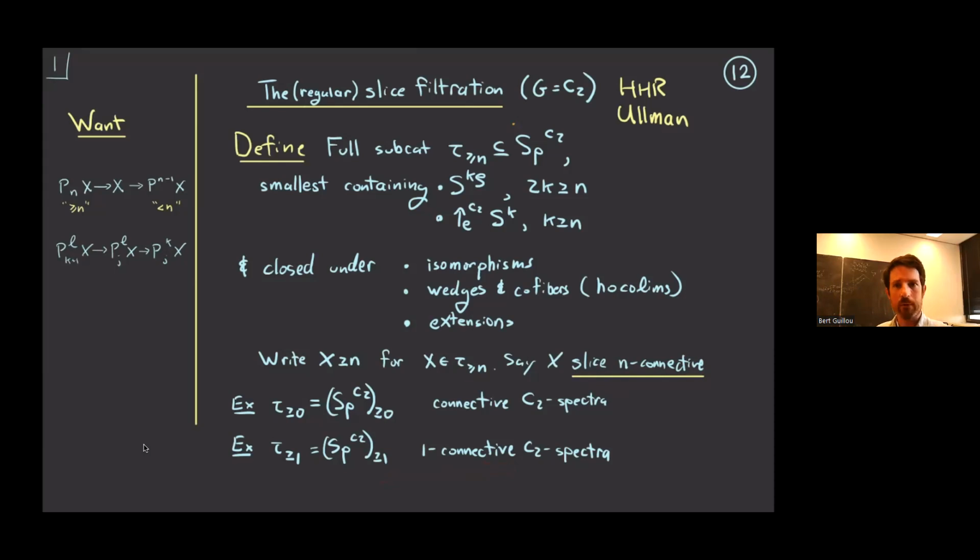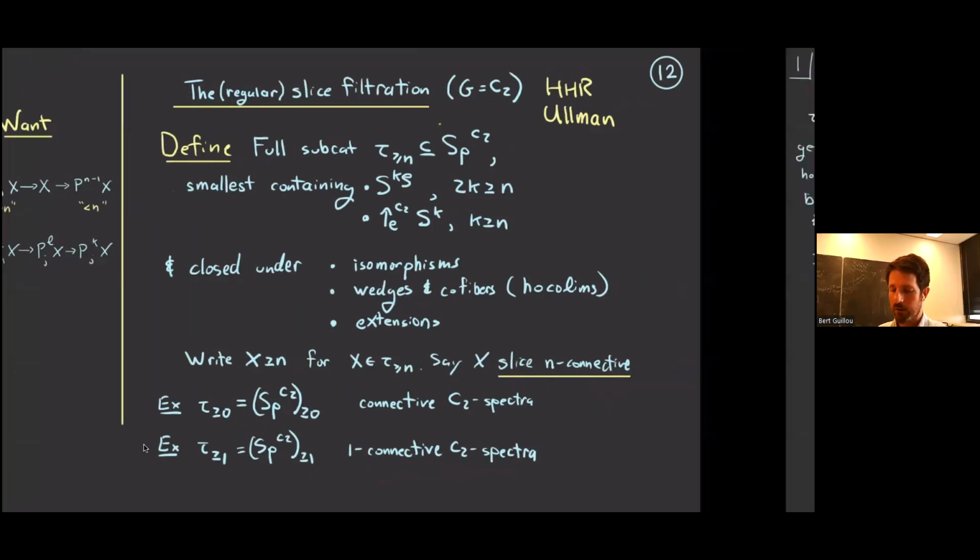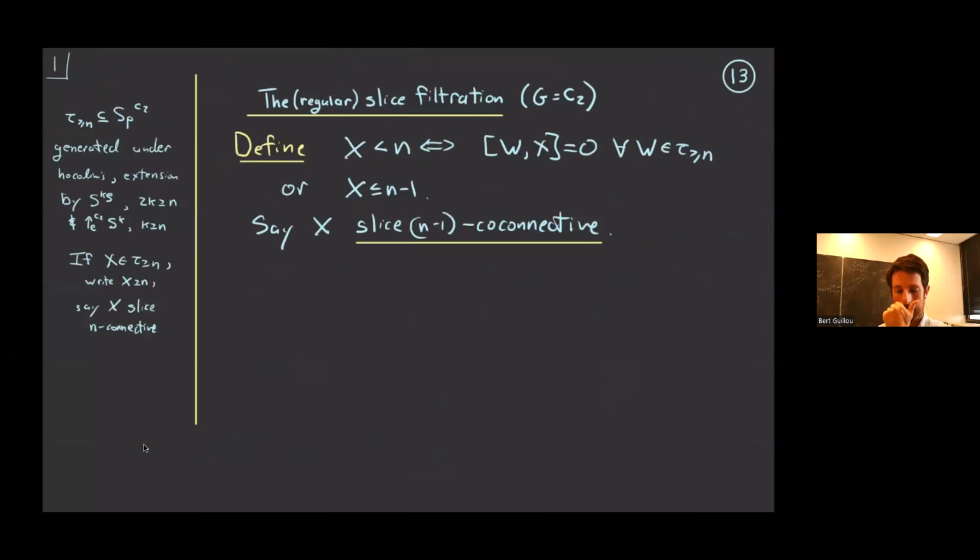Great, now we've constructed these subcategories, so we know what at least N is. What is less than N, or at most N minus 1? If we think back to ordinary spectra, something in the Postnikov filtration which is less than N means it doesn't have any homotopy groups in dimensions N and higher, meaning we can't map a sphere of dimension at least N into our spectrum, or space.